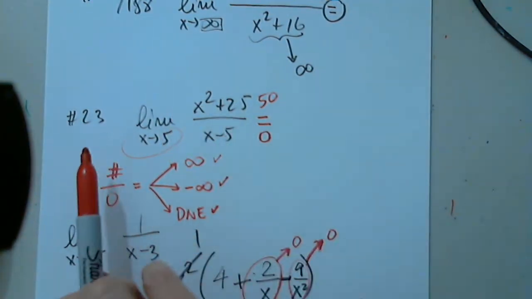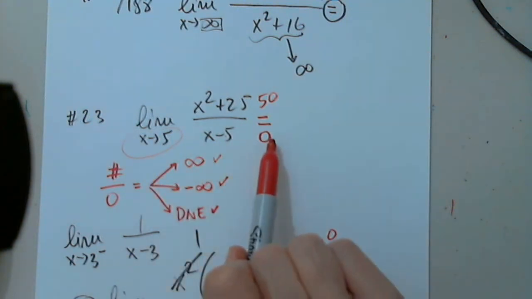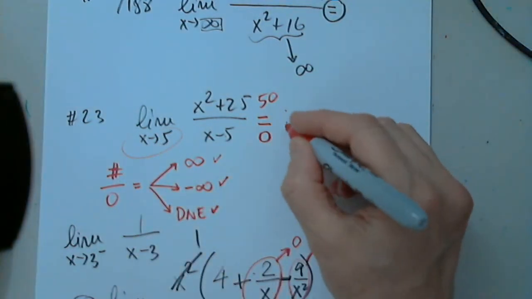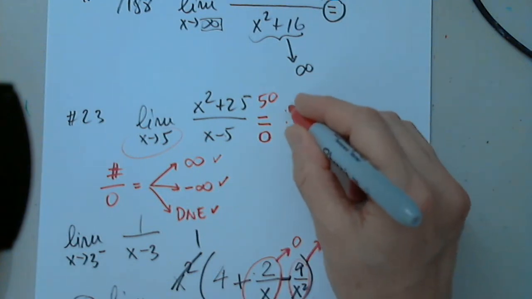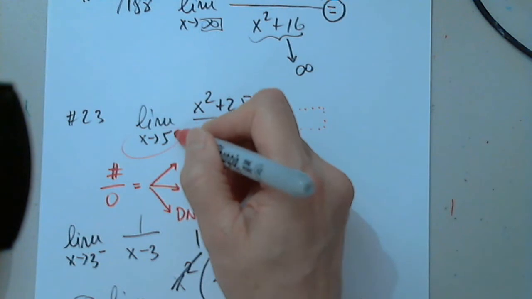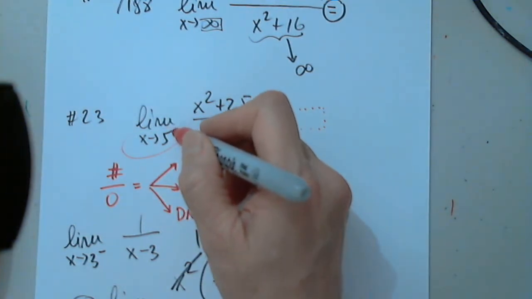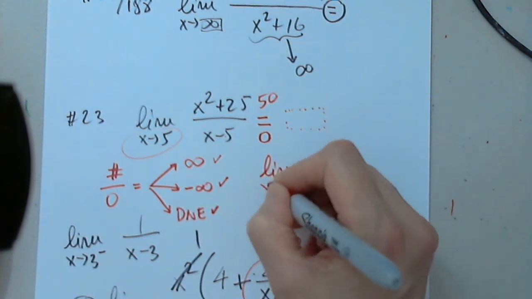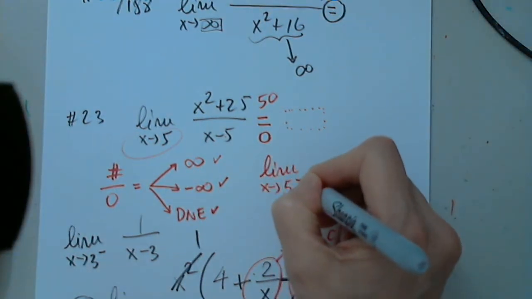Because the limit is not from left or right, I must investigate left and right. I cannot make a decision here yet. I don't know what to write because the limit is not from one or the other. So I have to find limit as x approaches 5 from the left.